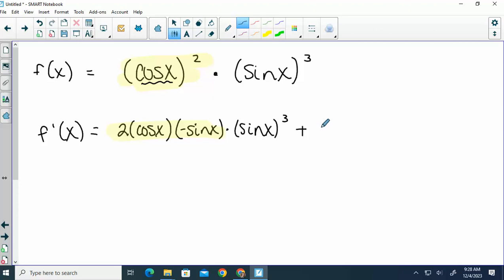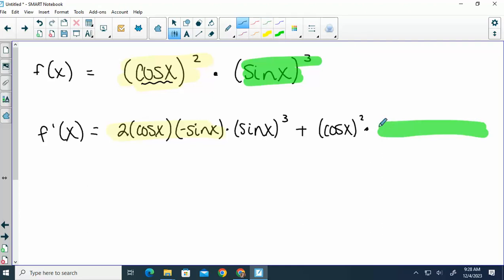Plus the first one times the derivative of the second one. So the exponent comes down. Inside stays the same. Subtract 1. Derivative of the inside. Derivative of sine is cosine.